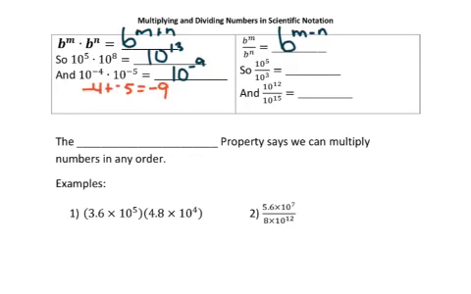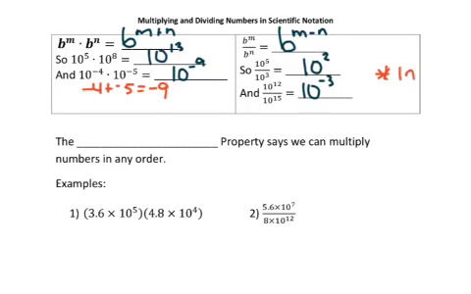So if we have 10 to the 5th divided by 10 to the 3rd, we will get 10 to the 2nd power when we subtract the exponents. And 10 to the 12th divided by 10 to the 15th is 10 to the negative 3rd power, because 12 minus 15 is negative 3. Now, remember, in topic 3, we were not allowed to have negative exponents in a simplified form.